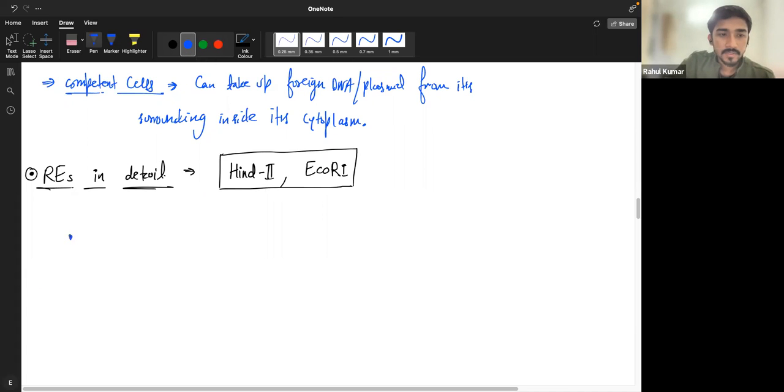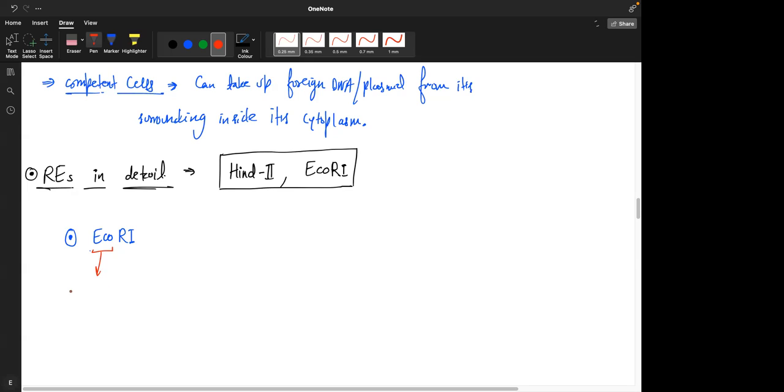Okay, now let's take an example. You have heard of E. coli, right? Everyone? Yes, sir. So EcoRI, or R1, it's actually Roman 1. This is the name of a restriction endonuclease. The word Eco comes from E. coli.